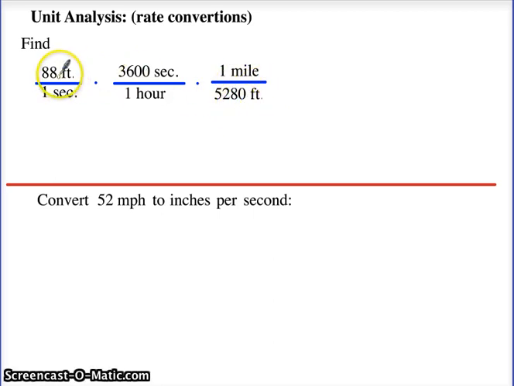So if I take 88 feet per second and multiply that by 1 mile per 5,280 feet, notice that feet on the top and feet on the bottom, those two labels cancel away. And if they're gone, the only label we'll be left with for distance is miles.